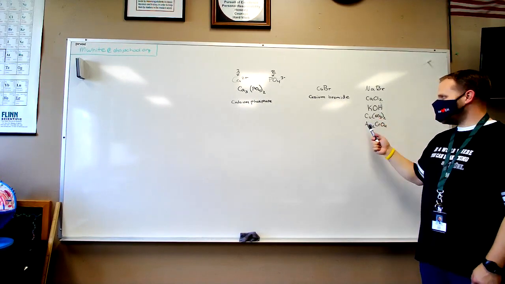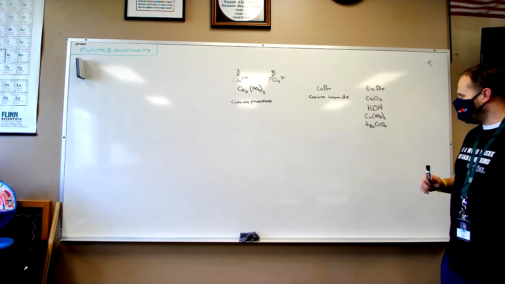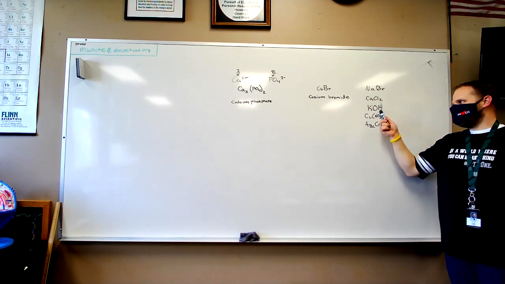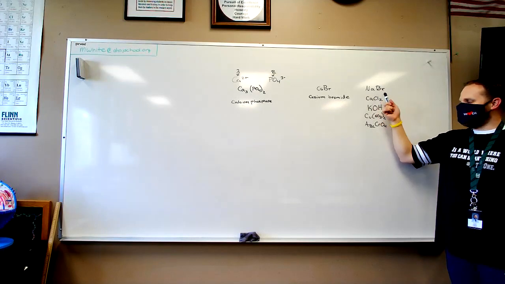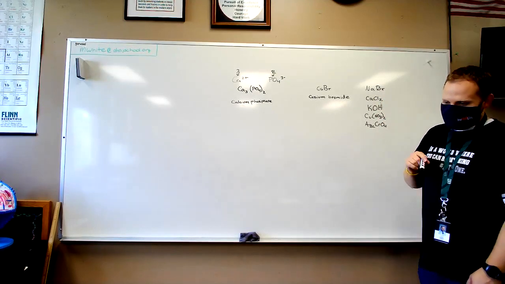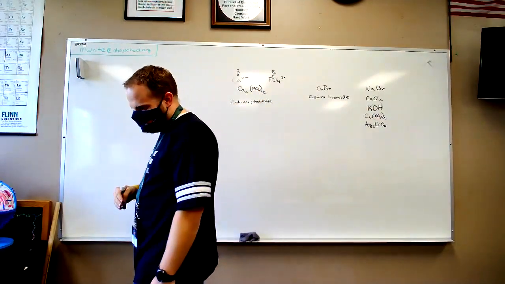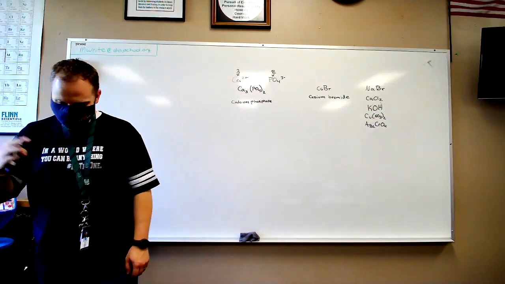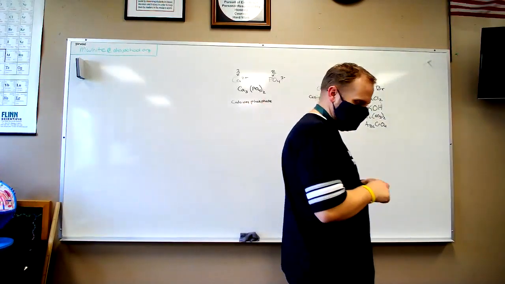So you take that, whatever name it is, figure out the anion. If it's a polyatomic, just whatever name it is. If it's not, it's monatomic, then use the root, take off the last part of the name, and replace it with IDE.